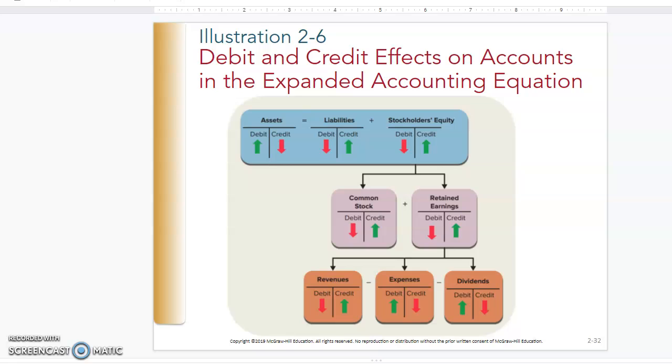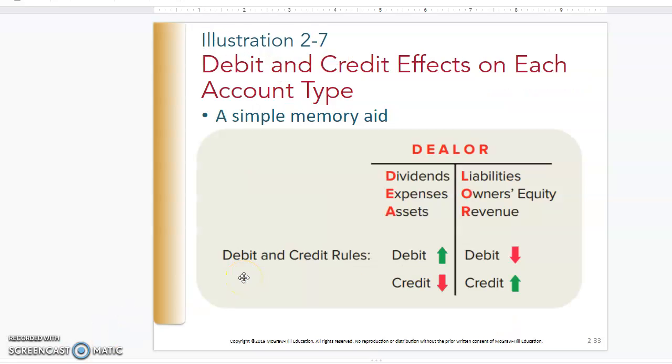Okay, the next slide is also helpful. Okay, this is a simple memory aid about what happens here. The acronym DEALER, DEA, dividends, expenses, and assets go up with a debit. Liabilities, owner's equity, stockholders' equity, and revenue go up with a credit.